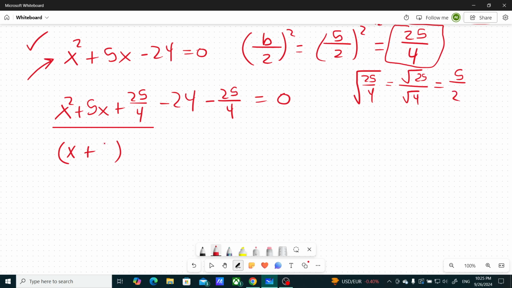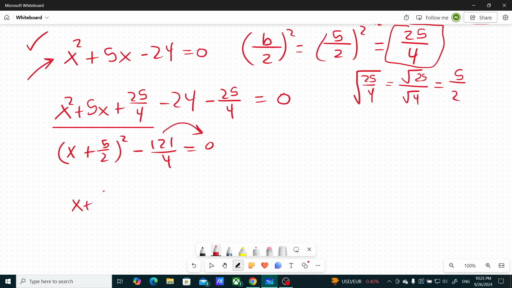So it's x plus 5 over 2 squared, and then I have a minus 24 minus 25 over 4. This is going to give me, on the calculator, minus 121 over 4 equals 0. So to solve, I will move this to the other side.